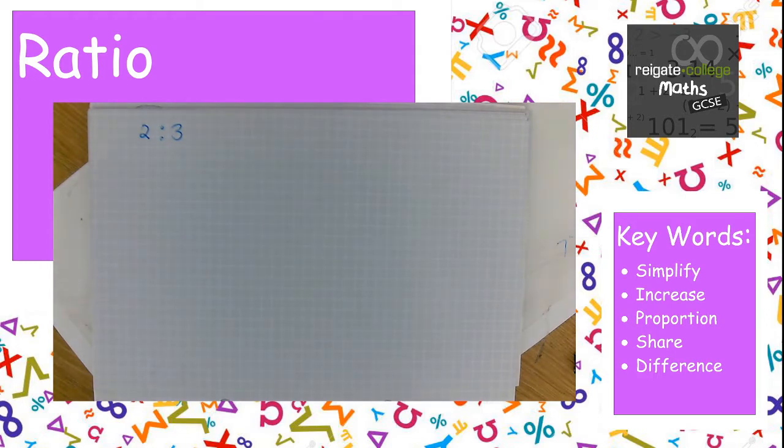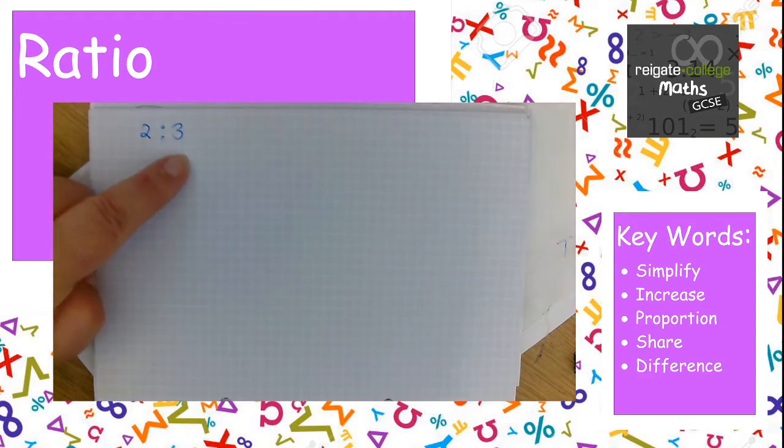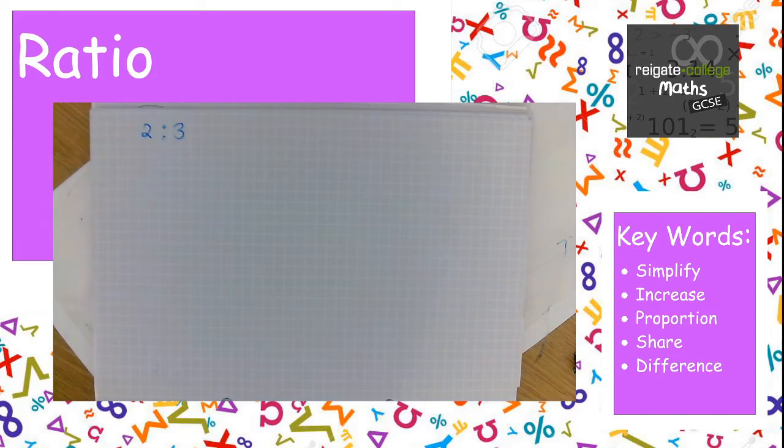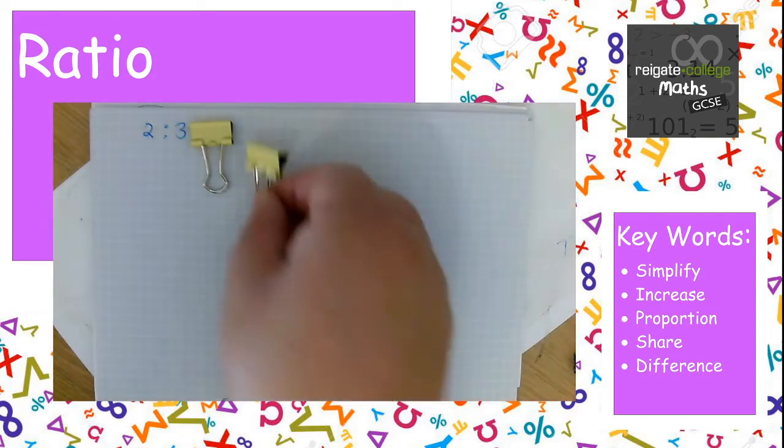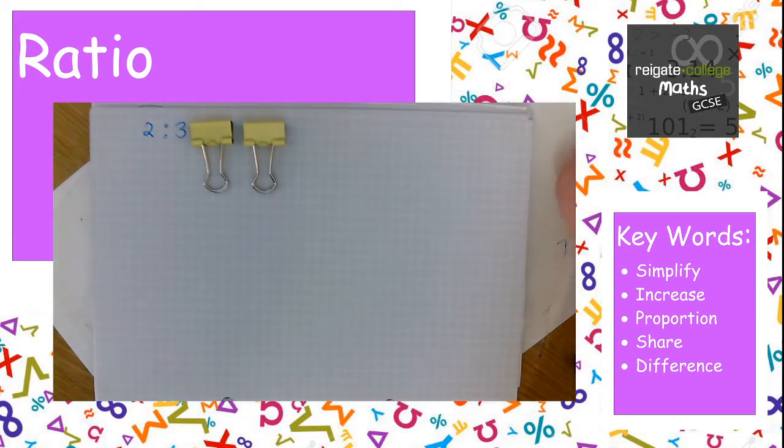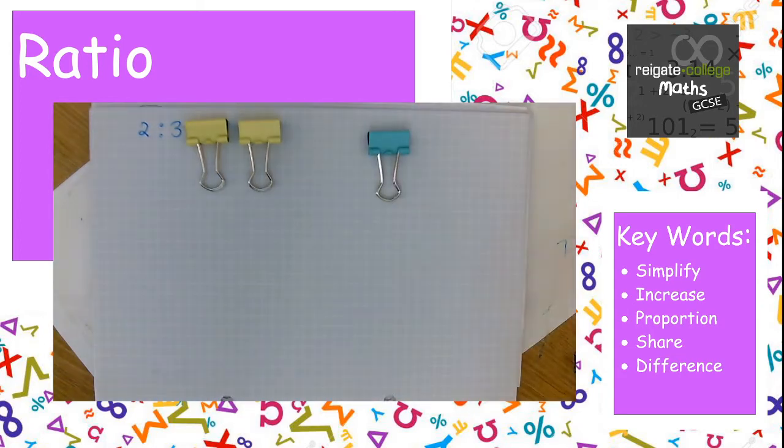I could start to increase this ratio proportionally by adding 2 to this side and 3 to this side each turn. For example, this could be a ratio of 2 yellow clips to 3 green clips.